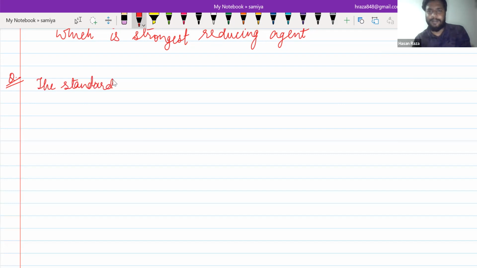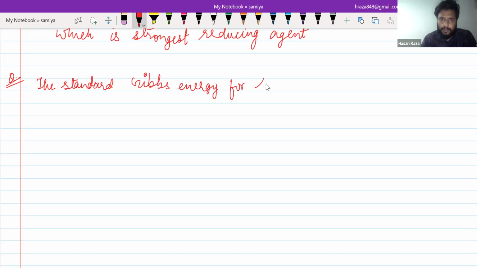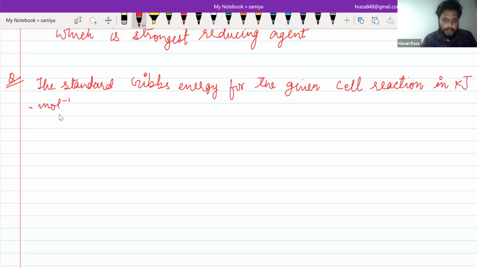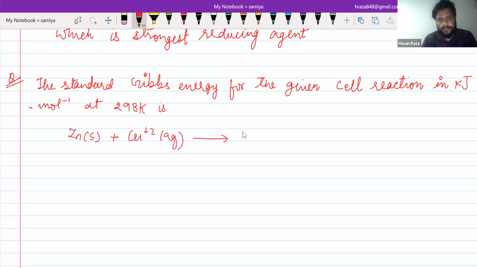The next question is not on ECS. The standard Gibbs energy for the given cell reaction, in kilojoule per mole at 298 Kelvin, is: zinc in solid reacts with Cu plus 2 in aqueous, gives you Zn plus 2 in aqueous plus Cu in solid.